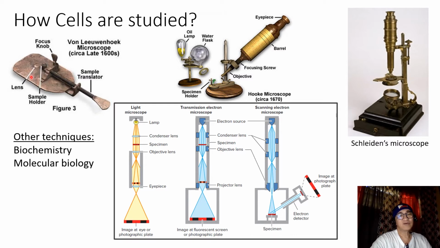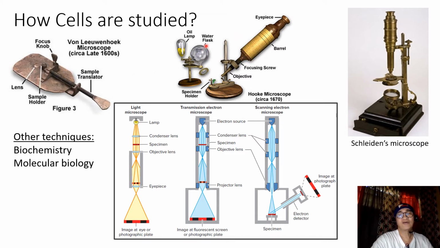Anton van Leeuwenhoek was actually a merchant, but his hobby was making lenses. Because of his notes and the discoveries about tiny animalcules that he saw under his microscope, he was able to initiate the beginnings of microbiology.